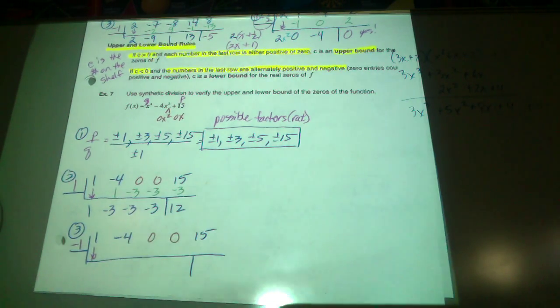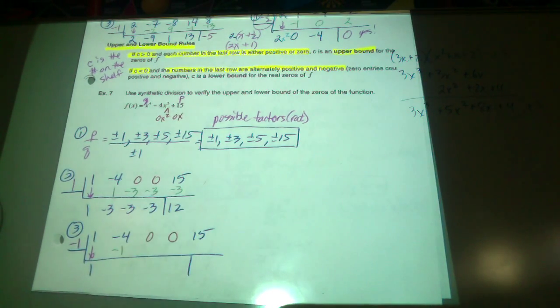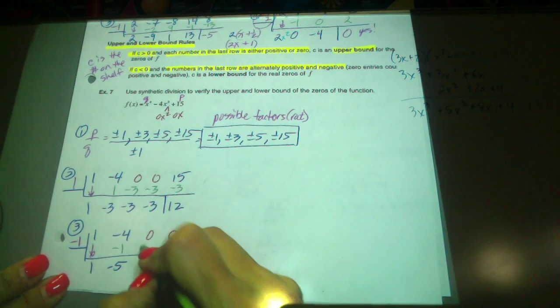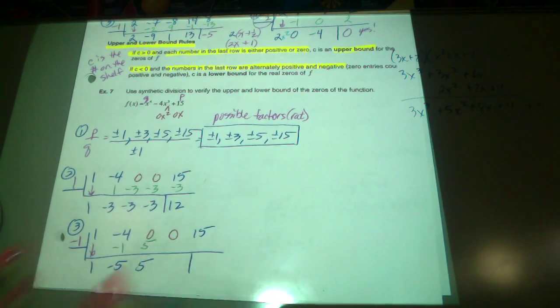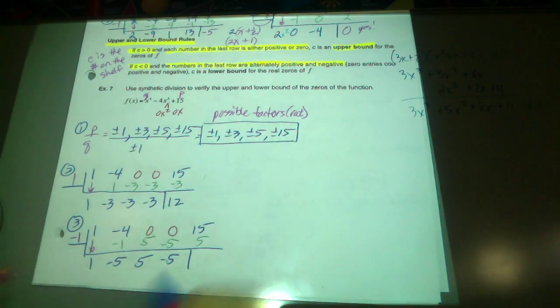Bring down your first term. -1 times 1, -1. Add down, -5. -1 times -5 is +5. Add down is 5. -1 times 5 is -5. Add down, -5. -1 times -5 is 5. Add down is 20. So although I didn't find a 0, look what I did find.